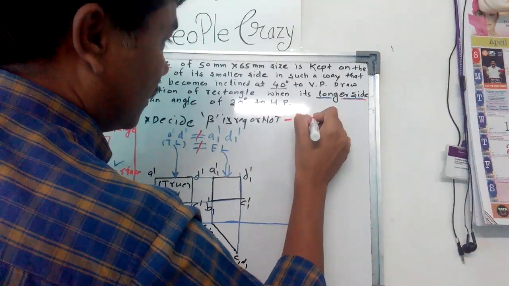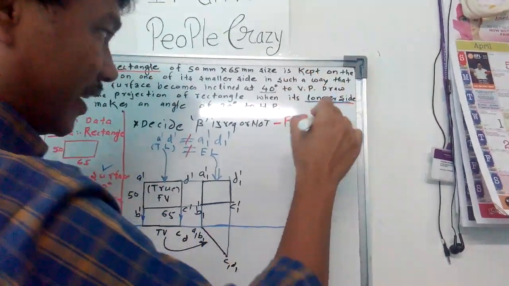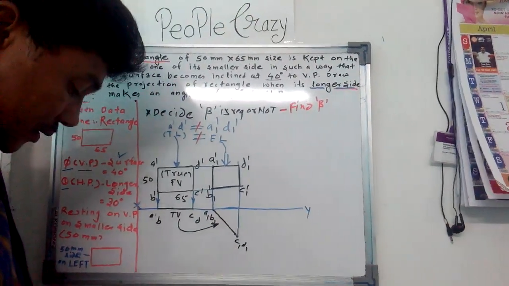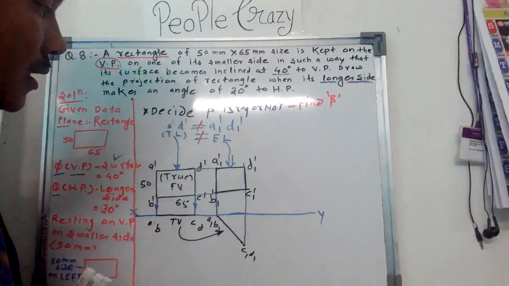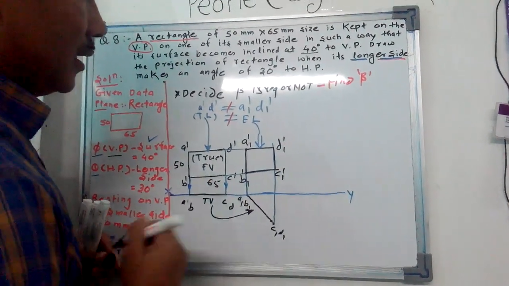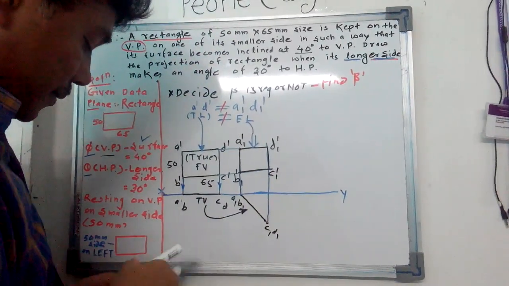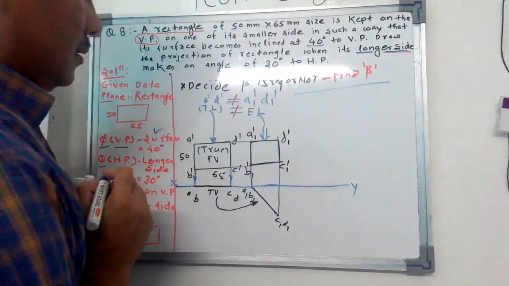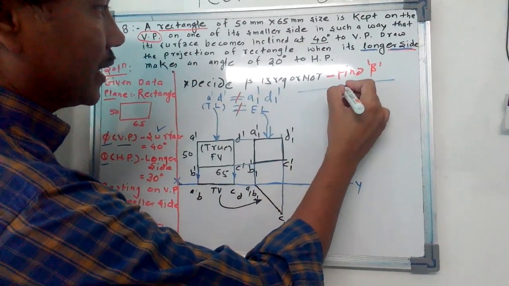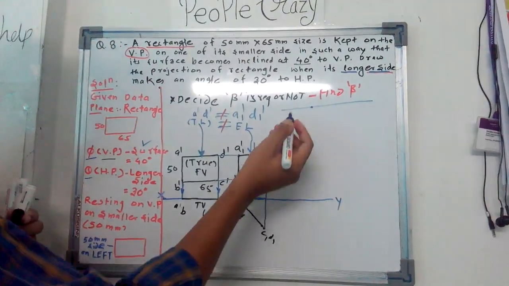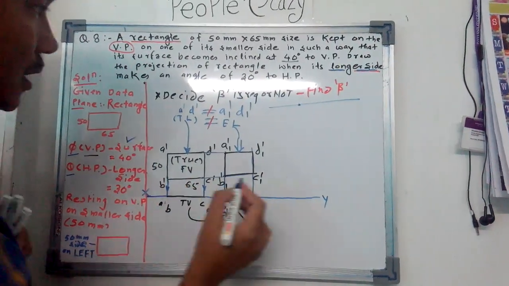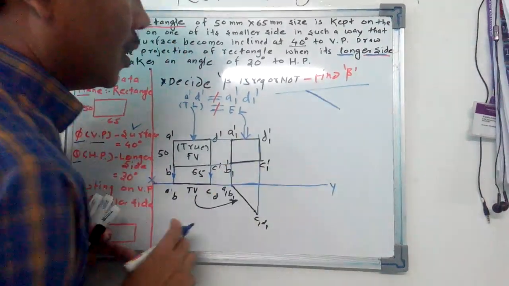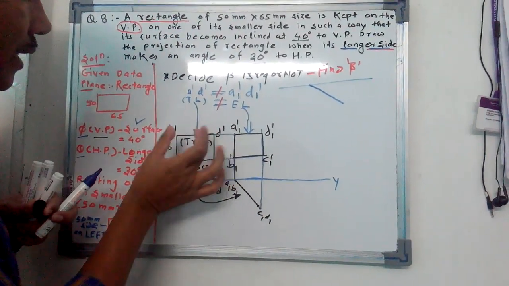find beta angle. Actually we are going to find here alpha, but generally we talk in terms of beta. So how will you get beta angle? Here you draw one horizontal line, through which you take an inclination. How much is it inclined? 30 degree. So through this take 30 degree, on which you will be taking the true length.